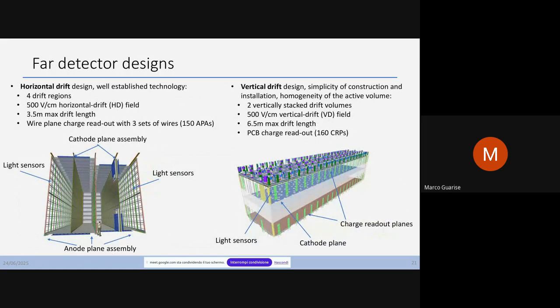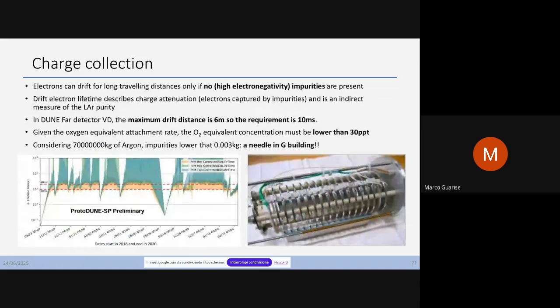As I said, here and here we have many meters of drift length, and so the purity of the argon is extremely important. Otherwise, electrons will be captured by high electronegativity impurities, and they cannot drift toward the anode. Given the drift velocity, the requirement for the electron drift lifetime is 10 milliseconds for the vertical drift.